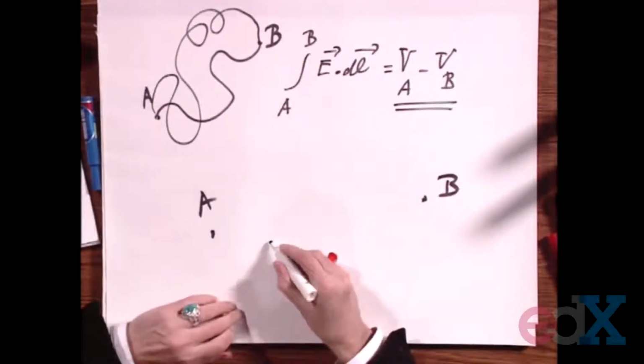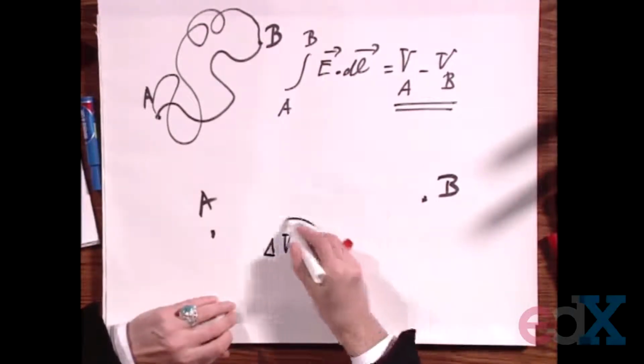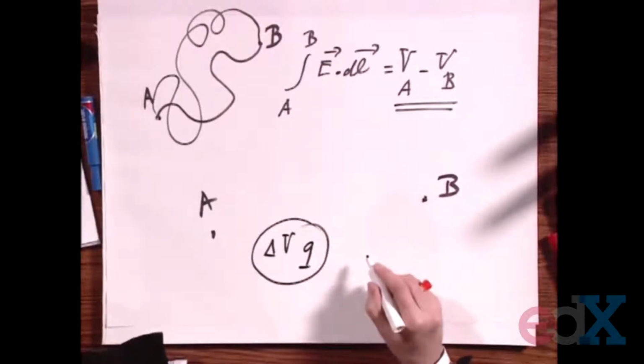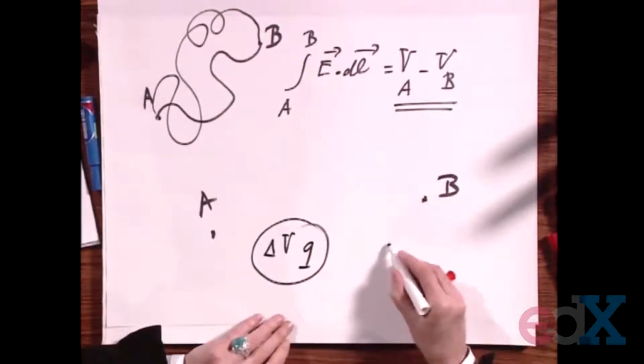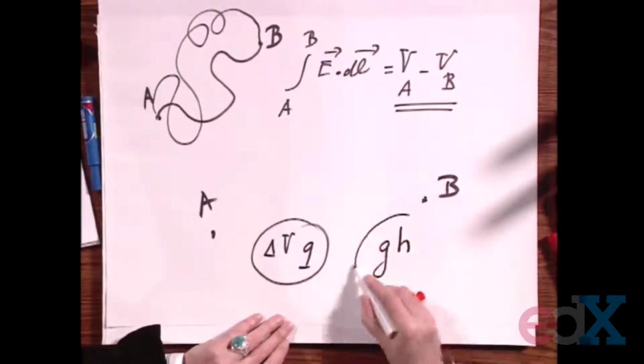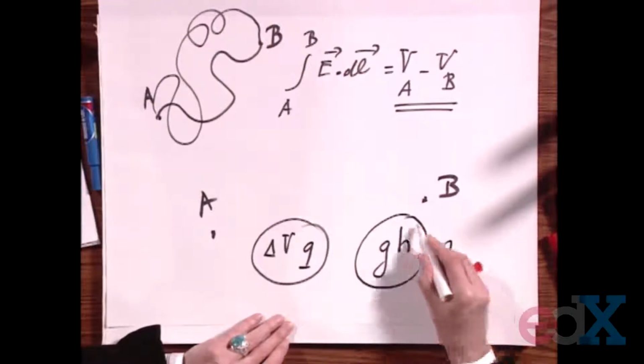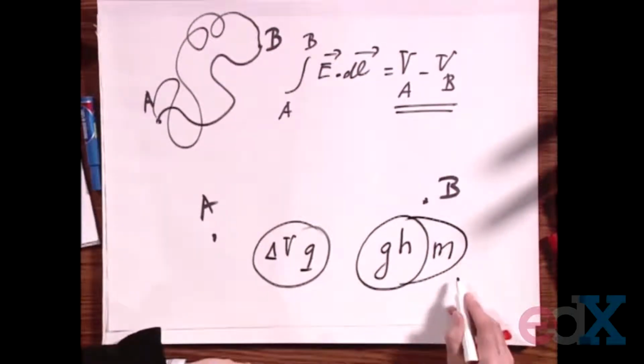If you multiply delta V, electric potential, with a charge Q, then you get energy. In a similar way, if you multiply the gravitational potential, which I will define now as GH, with a mass, then you also get energy.